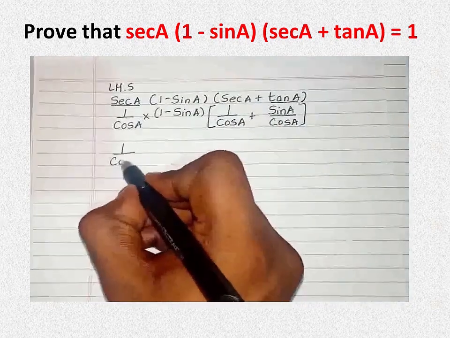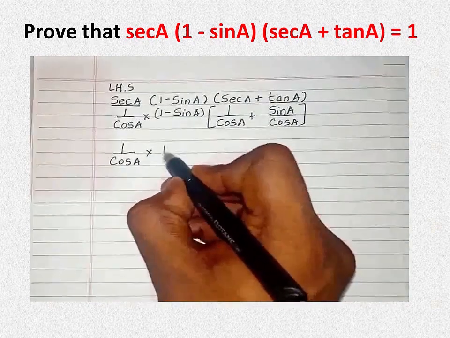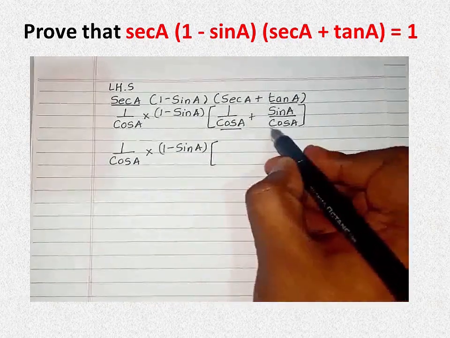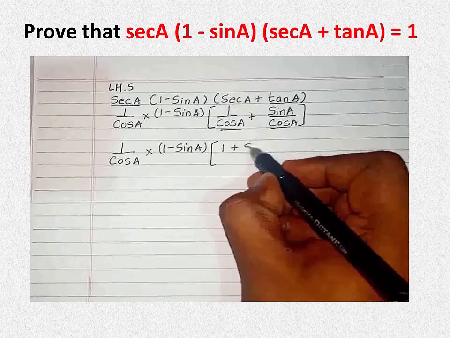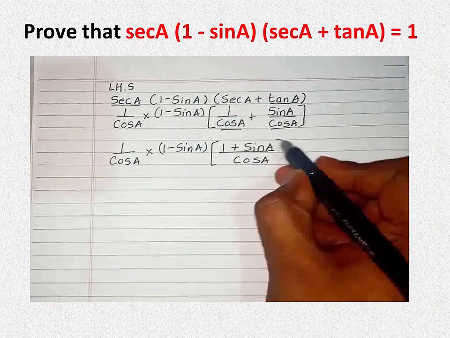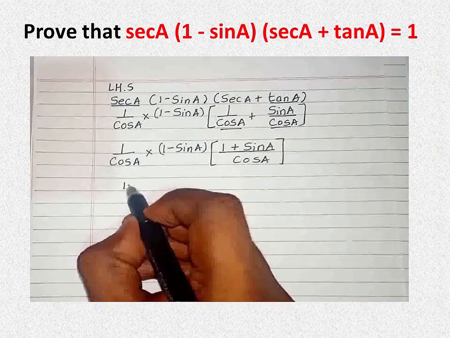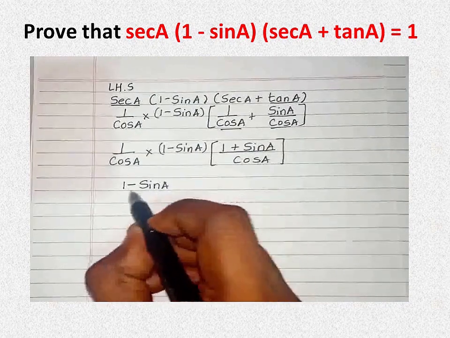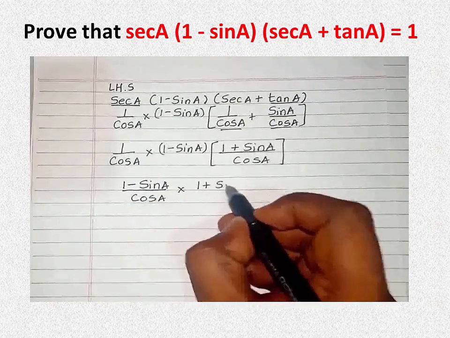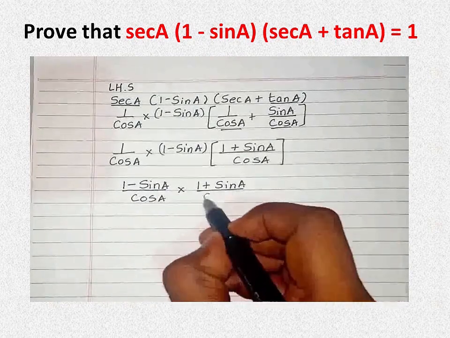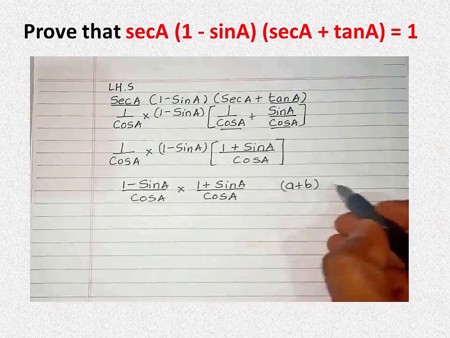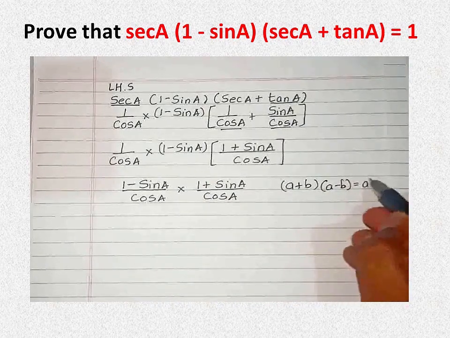Now 1 by cos A as it is into 1 minus sin A. Now taking the LCM, since the denominators are the same, directly I'll add the numerators, that is 1 plus sin A over cos A. One into sin A will give you 1 minus sin A over cos A into 1 plus sin A over cos A. If you look at the numerators, it is of the form a plus b into a minus b, which can be written as a square minus b square.